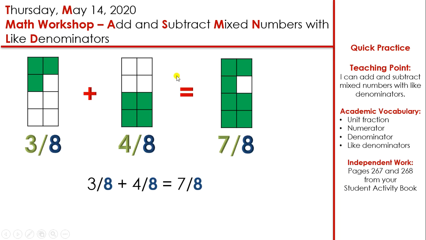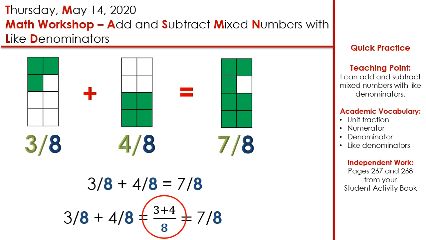Right here in the visual, you can see the representations of every fraction, and at the end, how they add up to our sum. If we skip these drawings and jump right to the equation, we have 3/8 plus 4/8 equal to 7/8. Yet again, we still have the same denominators, only the numerators are added.